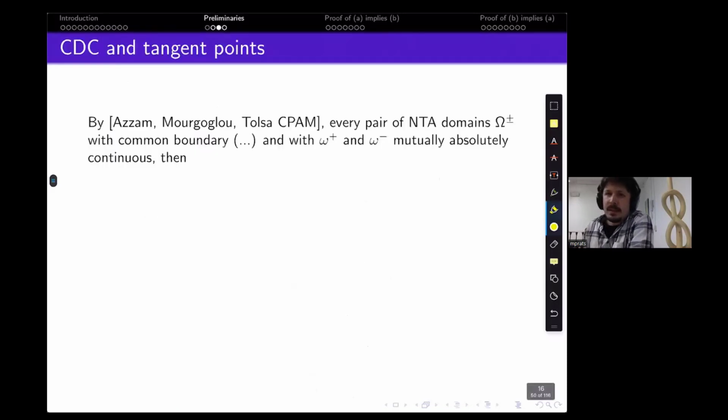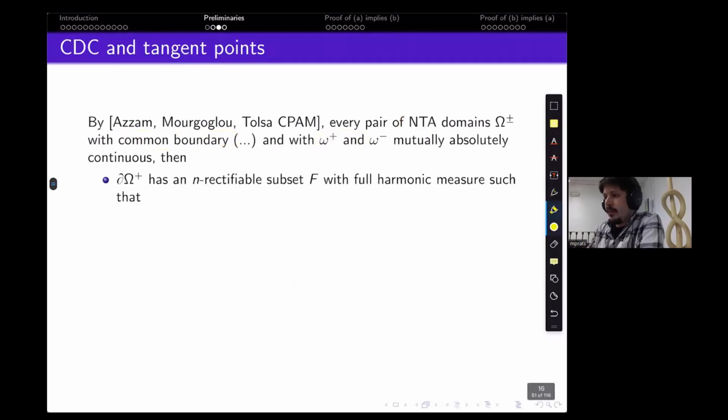Next, the CDC condition and tangent points. I am not telling you what the CDC condition is now, just think of it as NTA, but this is also valid for CDC. And NTA domains are CDC, so this is what you need to retain. Every pair of NTA domains with common boundary and with omega plus and omega minus mutually absolutely continuous satisfy the following, by Tolsa and Azzam et al.